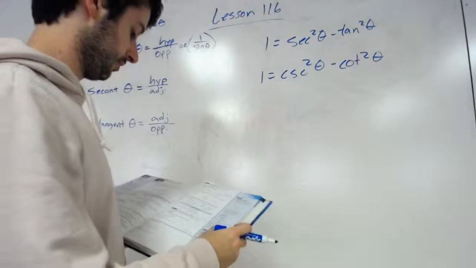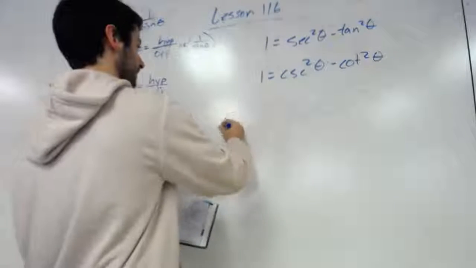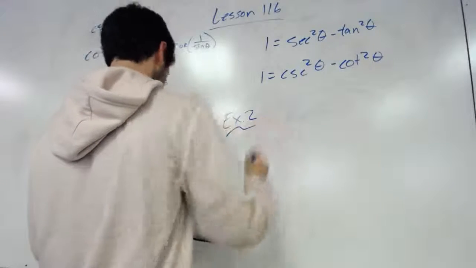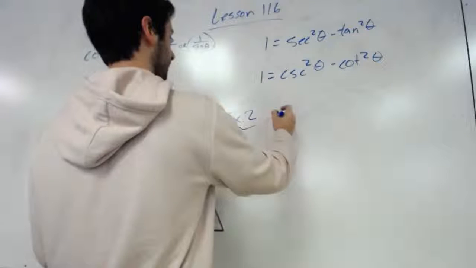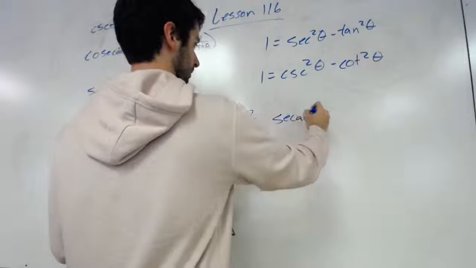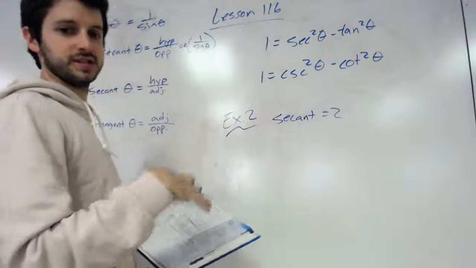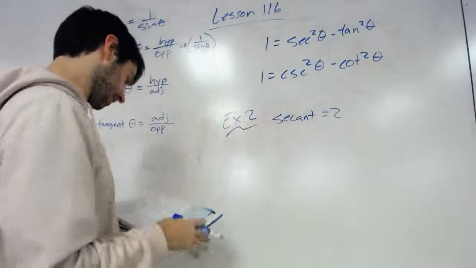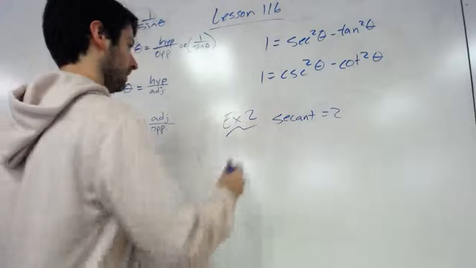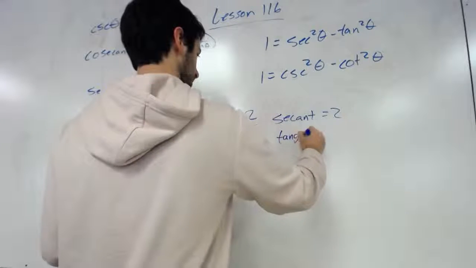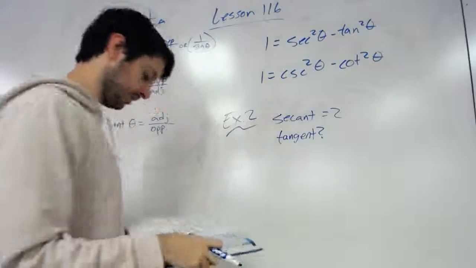So for example, example 2, it says the secant of an angle equals 2. Now that's not the angle, it's the secant of the angle. What is the tangent? Okay, what is tangent?